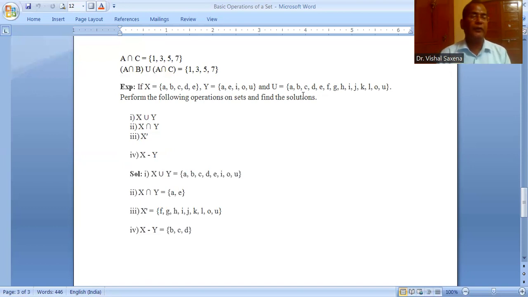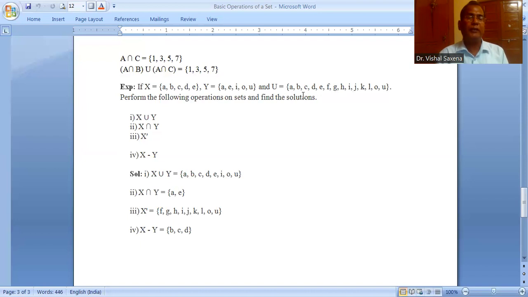So now first we have to find these four results. X union Y means we have to find the union of the two sets X and Y, and we have already discussed that it is a collection of all the elements of X and Y. So X union Y is A, B, C, D, E, which is the set X, and the set Y is also there.